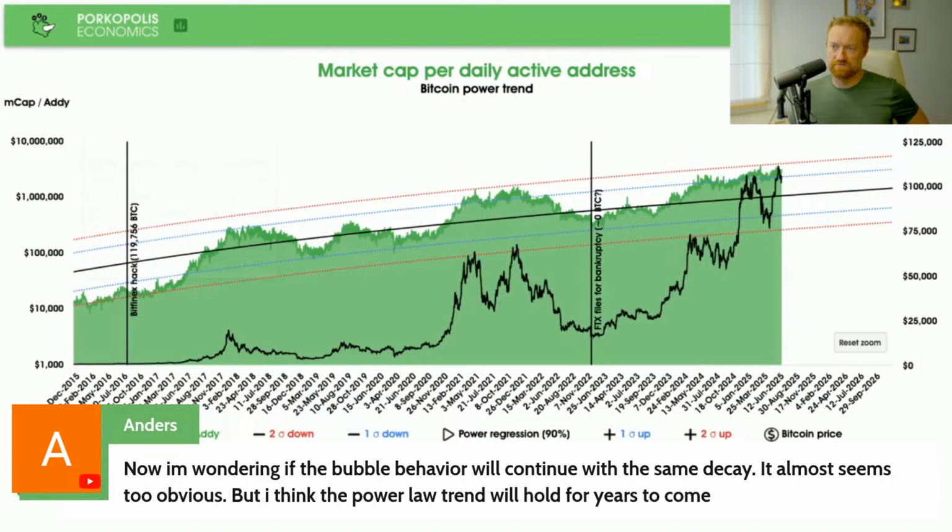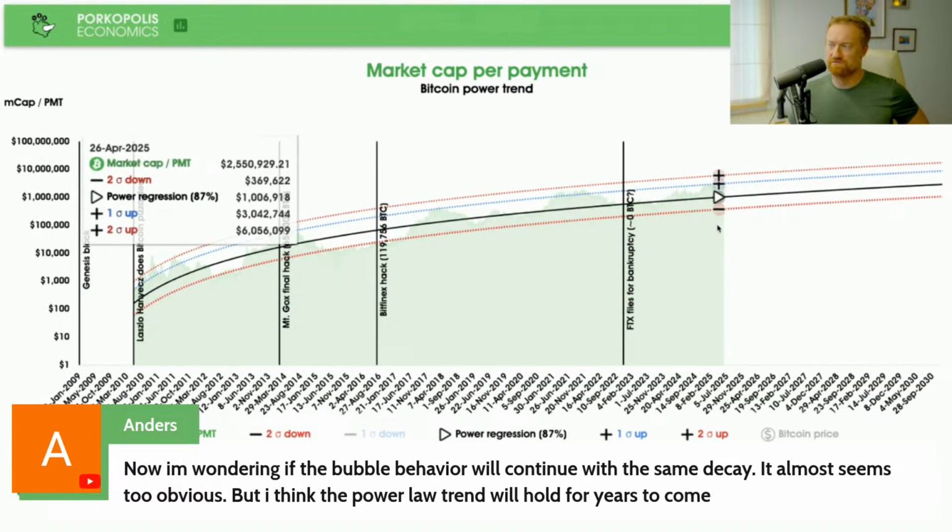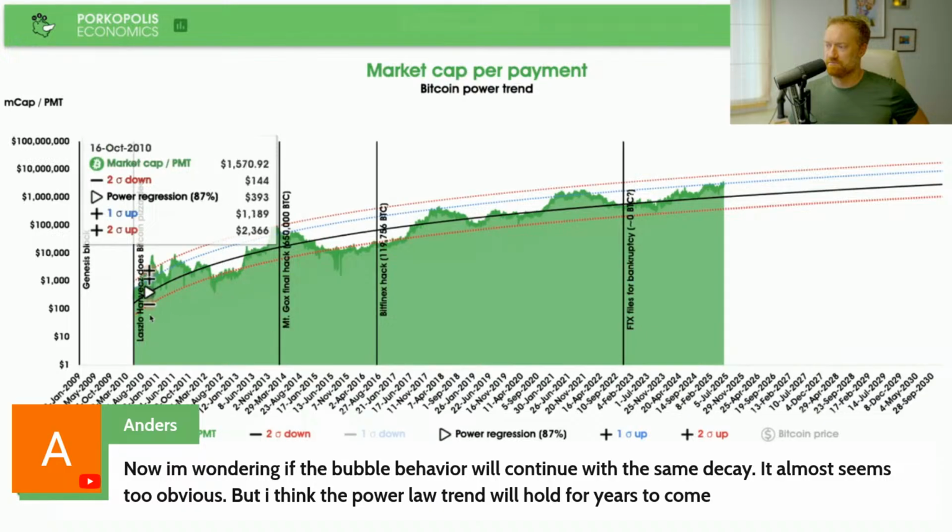But this one and this one still, just other good examples of keeping on the same trend, just looking at it differently, right? So market cap divided by the total payments. Total payments, by the way, are something like 1 million at the moment, if you're wondering the number.